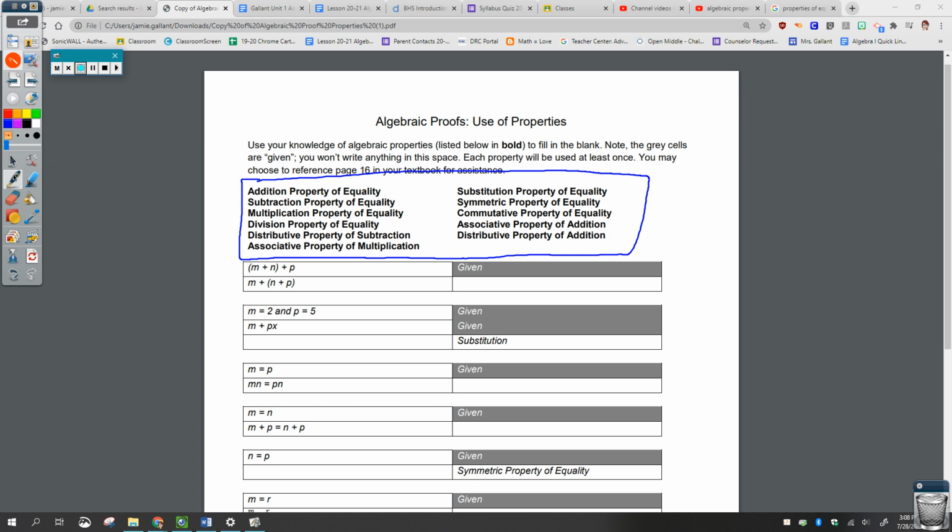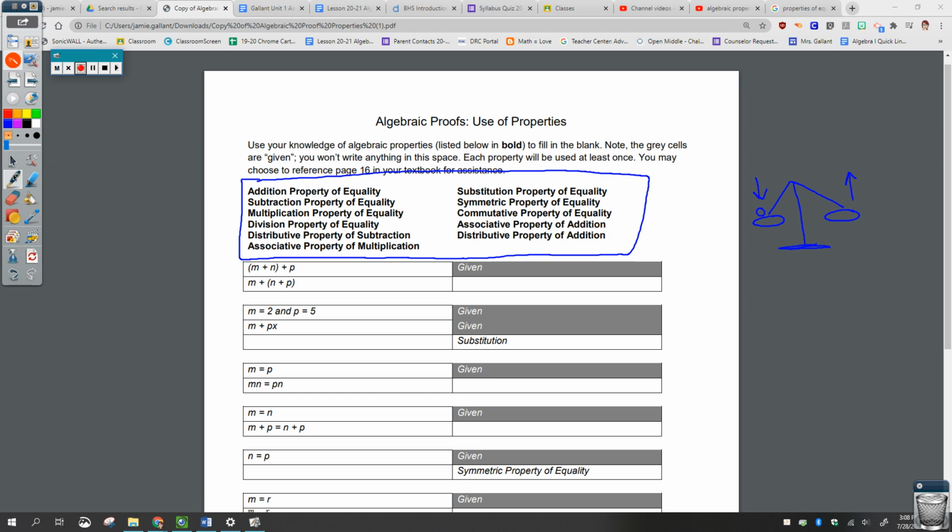So think about it. If you have a perfectly balanced scale, I can't draw, but let's say you have a perfectly balanced scale. If I add something to this side, what's going to happen to the other side? Well, this side would come down and this side would fling up.